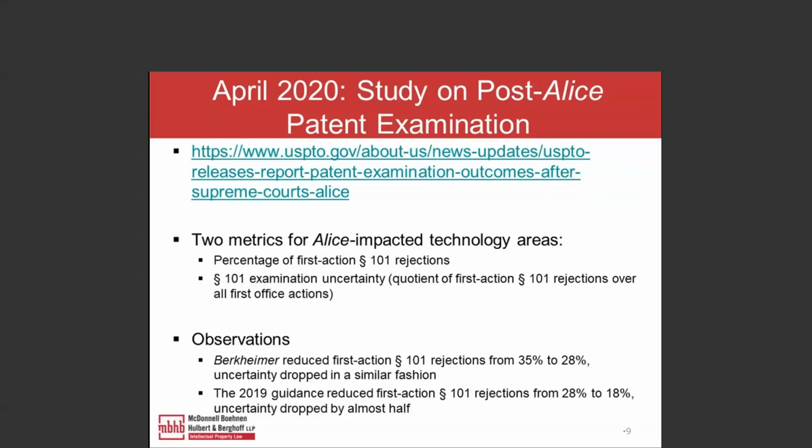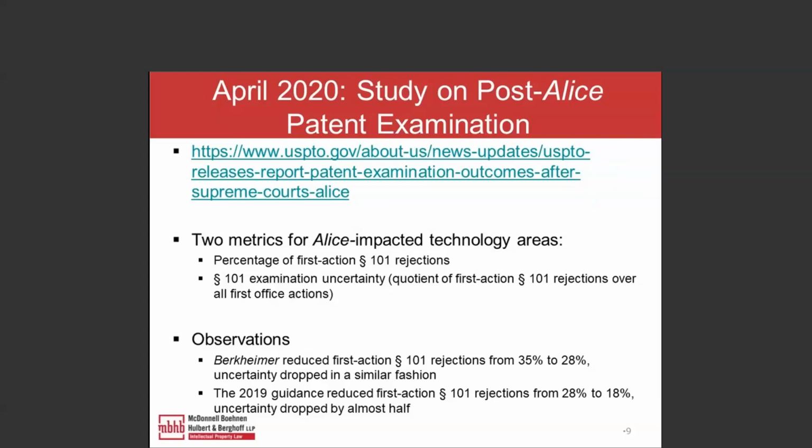And the office collected data on two metrics to evaluate how hard it is to get a patent through the Patent Office with respect to Section 101. And that is percentage of first Action 101 rejections, and then also 101 examination uncertainty, which is really just you take the first metric and you divide by all office actions.